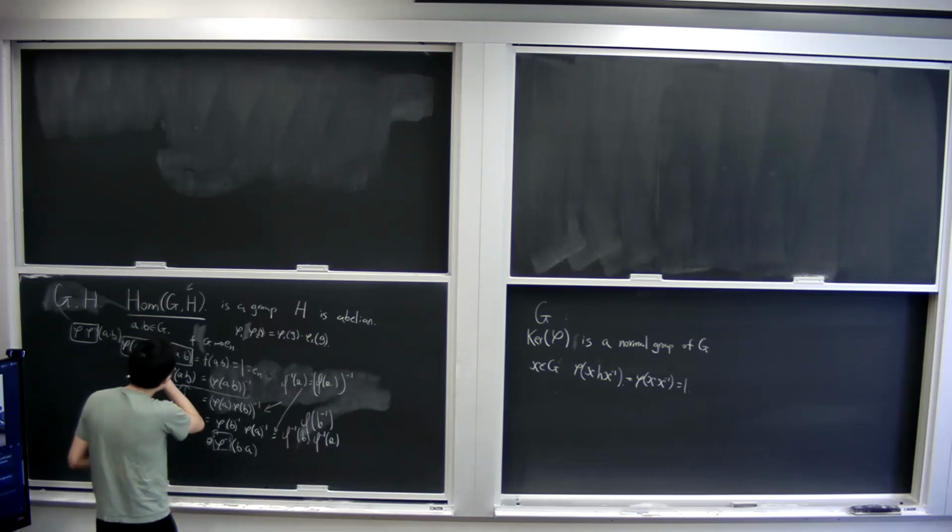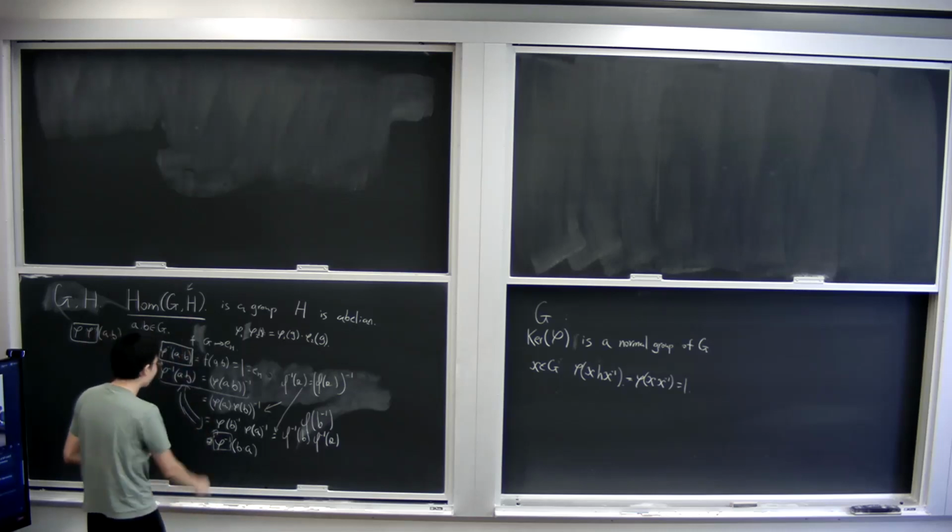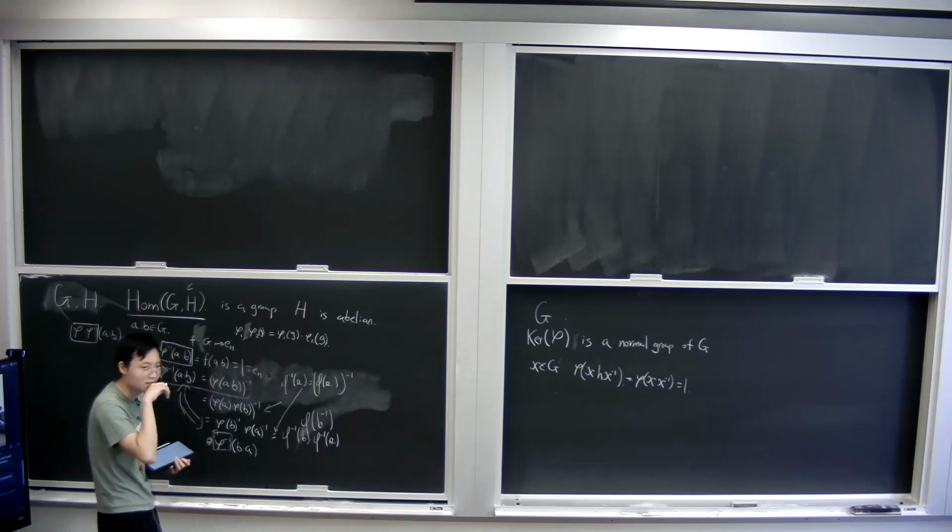Oh, I was trying to show that when H is not abelian, then the inverse does not exist. It's not true. Oh, I see. I think there might be something wrong with my text. These steps are right, and it shows that C of AB has to equal C of BA.